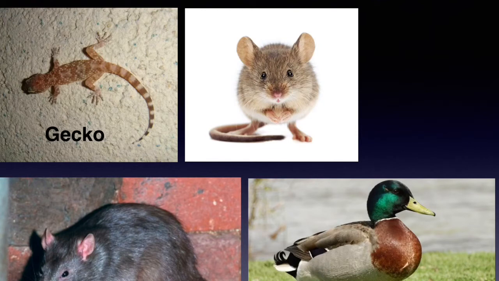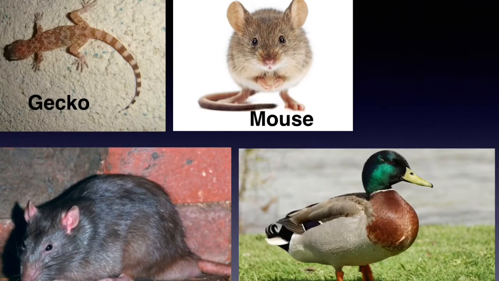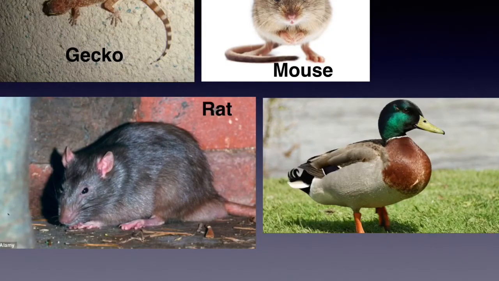And next to the gecko, something else you might see scurrying around your house, that is a mouse. And just below the gecko, very similar to the mouse, but not nearly as cute, most would say, that is the rat.